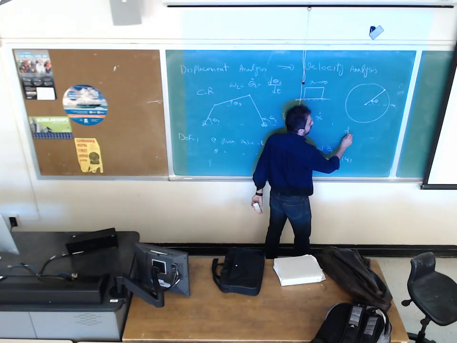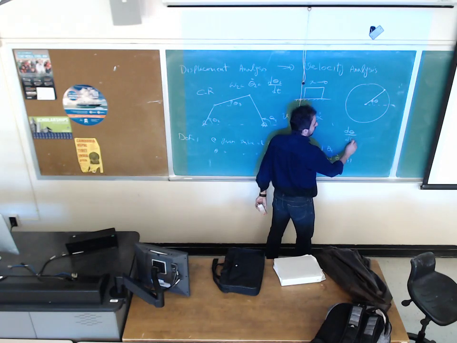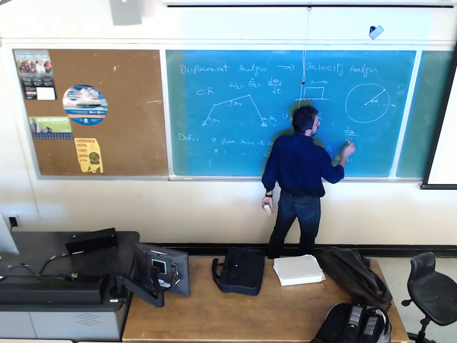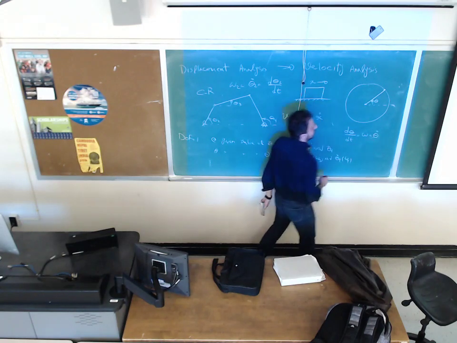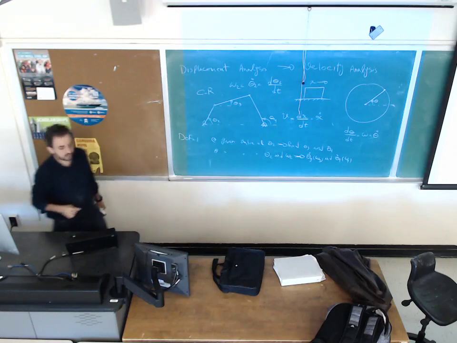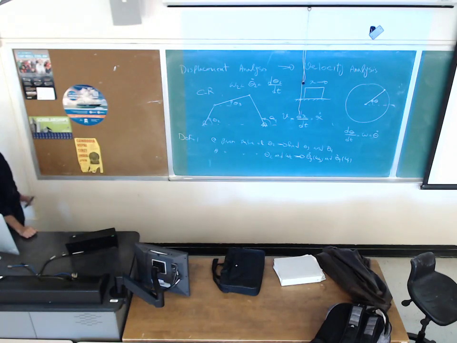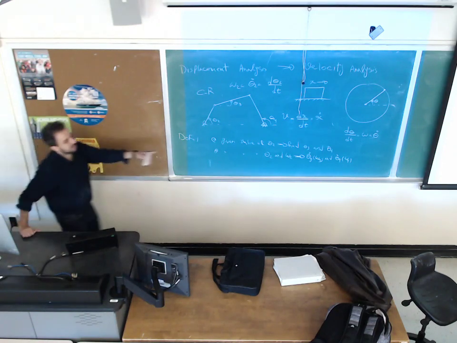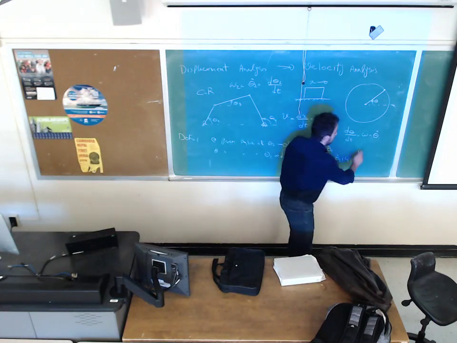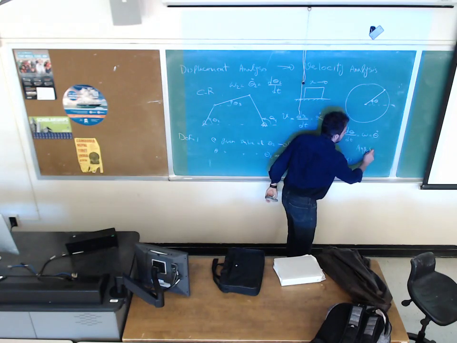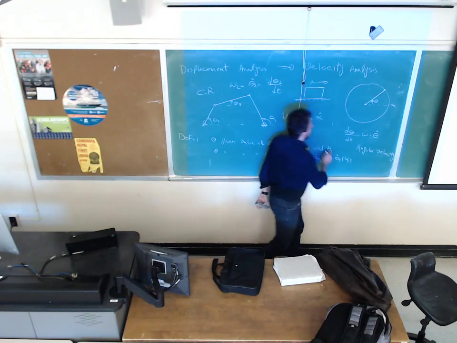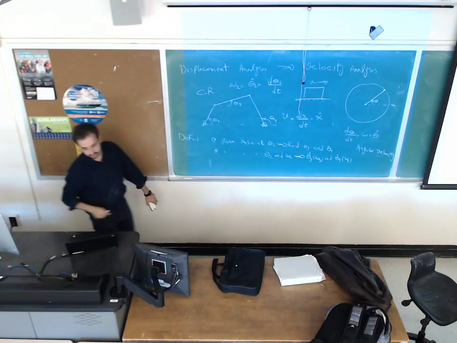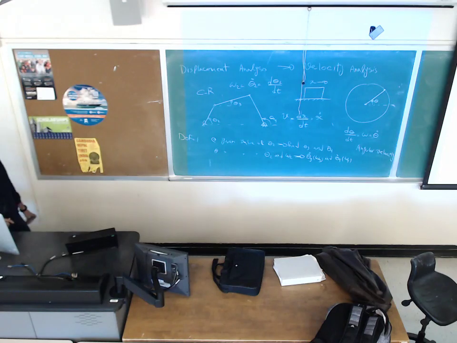So the angular velocity is defined as how fast theta is varying with time. I can represent that by omega or theta dot. So these are the notations that you are going to see in this course. Theta dot is the angular velocity. X dot is translational velocity.